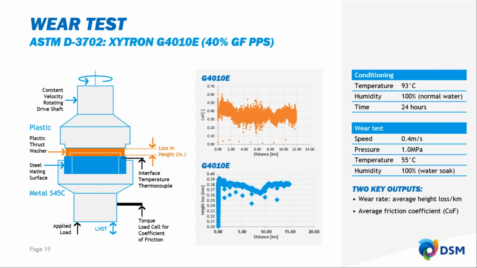And again, this is our PPS material. This is a 40% glass-filled product, and in the other case, for the PPA, we are also targeting glass fiber reinforced. DSM has other materials which we're looking at right now for even additionally lower wear with some of the exotics, carbon fiber, as well as aramids.